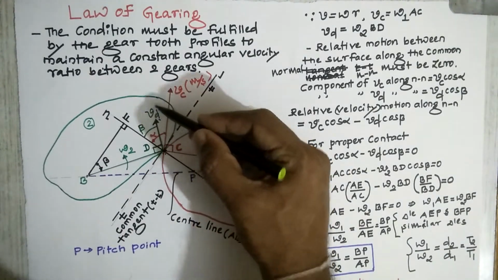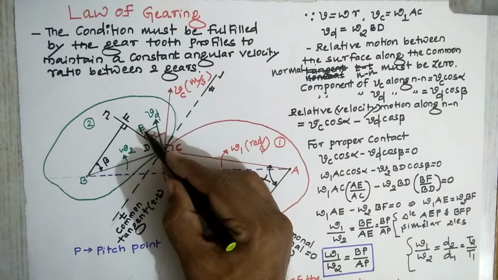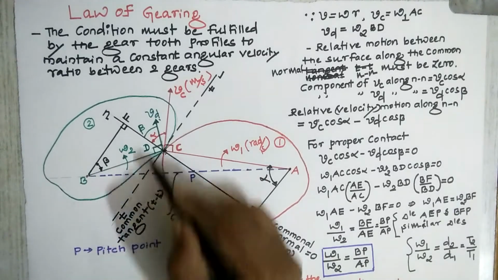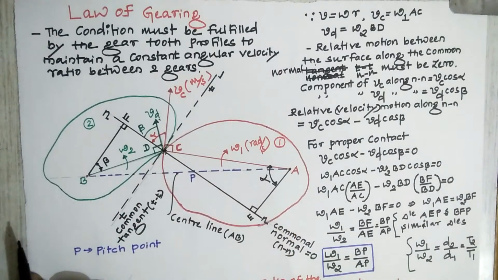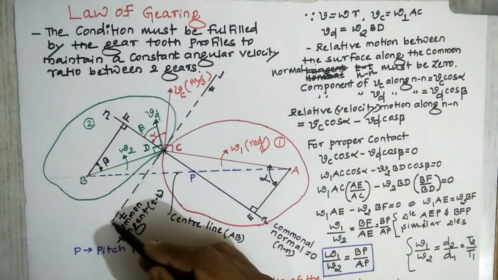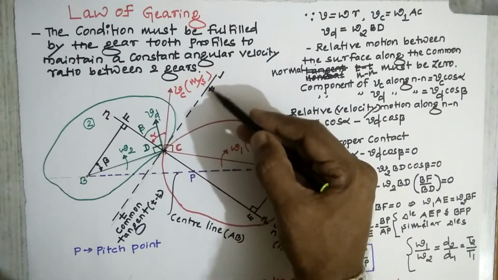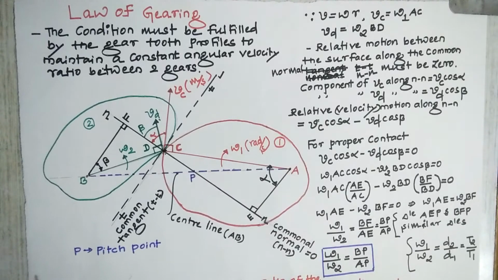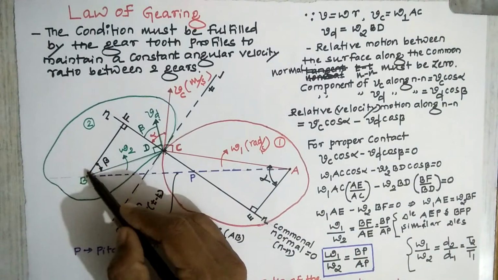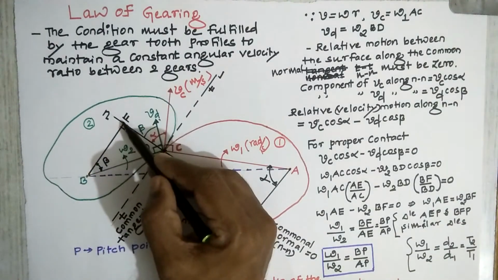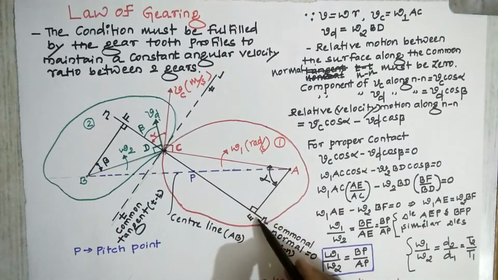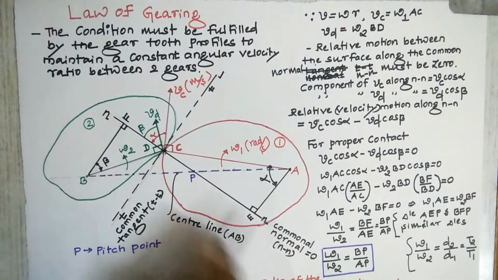VD also makes some angle with the common normal, which I take as beta. At the same time, I'll draw the tangent exactly at the point of contact between C and D. Next, I'll draw BF exactly perpendicular to the normal, and AE also perpendicular to the common normal.